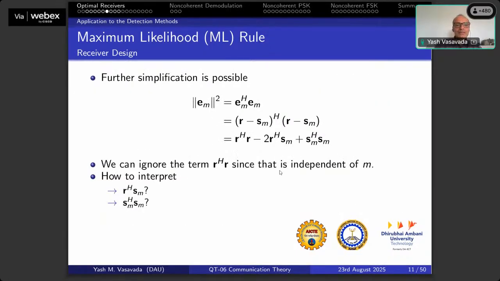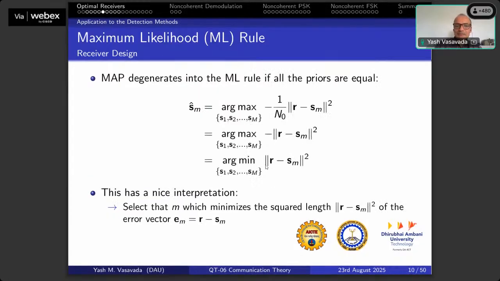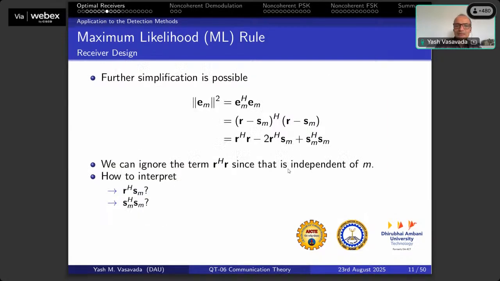Now, one simplification of this ML is that you don't even need to calculate the distances. You expand this vector norm formula, and it turns into this. Now again, R Hermitian transpose R is independent of m, small m, so we can ignore that. And so the two terms that remain are R Hermitian transpose Sm and Sm Hermitian transpose Sm.